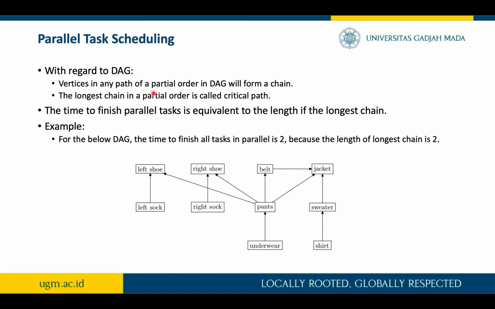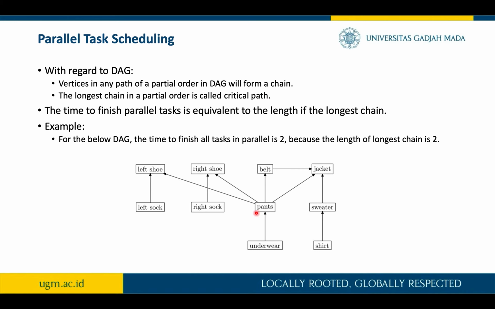Vertices in any path of a partial order in a DAG will form a chain. So this one forms a chain, this also forms a chain, and this also forms a chain. Any path will form a chain. The longest chain in a partial order is called the critical path.